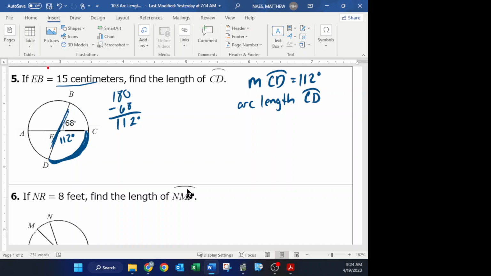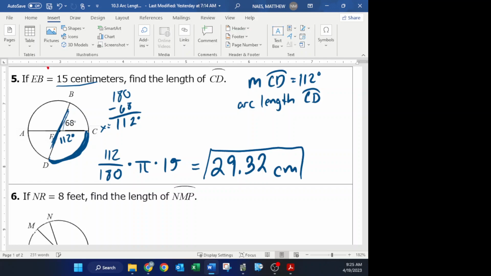So x is 112, so 112 over 180, not 360, times pi times the given radius of 15. If you plug that in, you should get 29.32, and that's in centimeters, so cm.